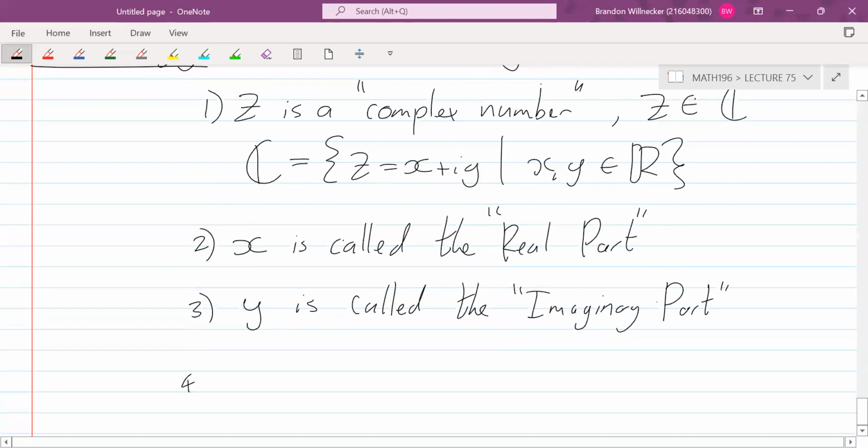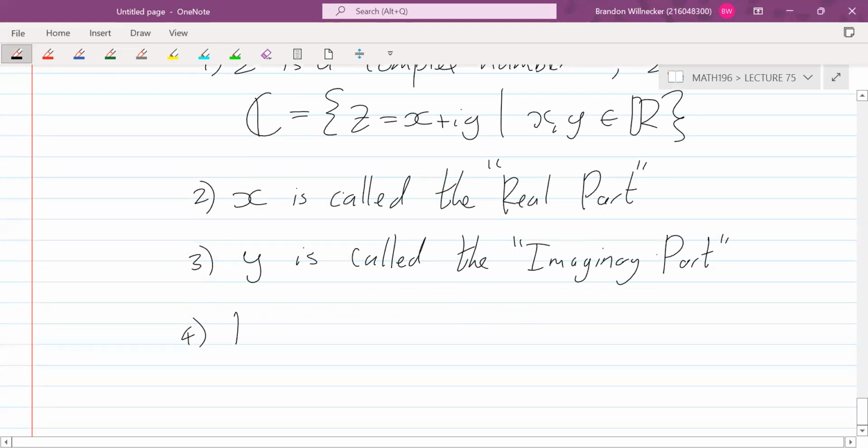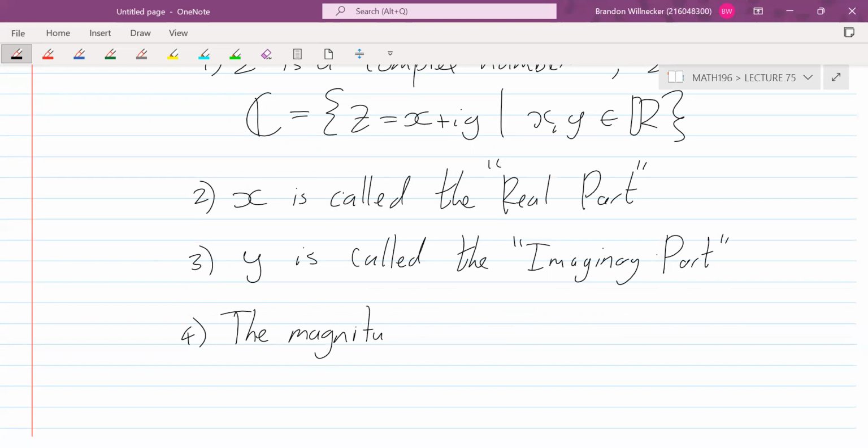And number four, we say that the magnitude of z is given by the absolute value sign, |z|.